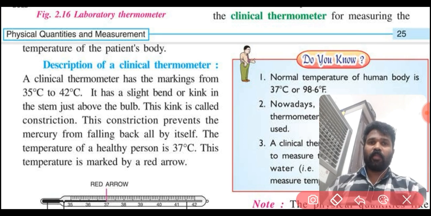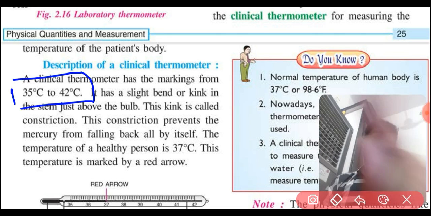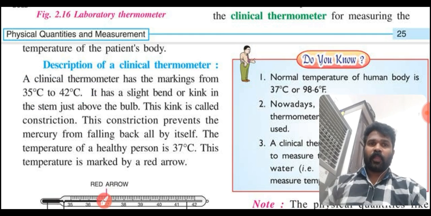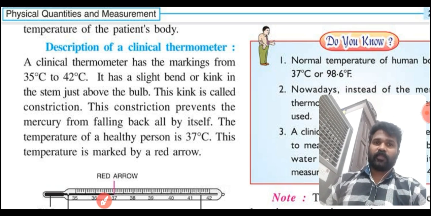A clinical thermometer has the markings from 35 degrees Celsius to 42 degrees Celsius. It has a slight bend or kink in the stem just above the bulb.